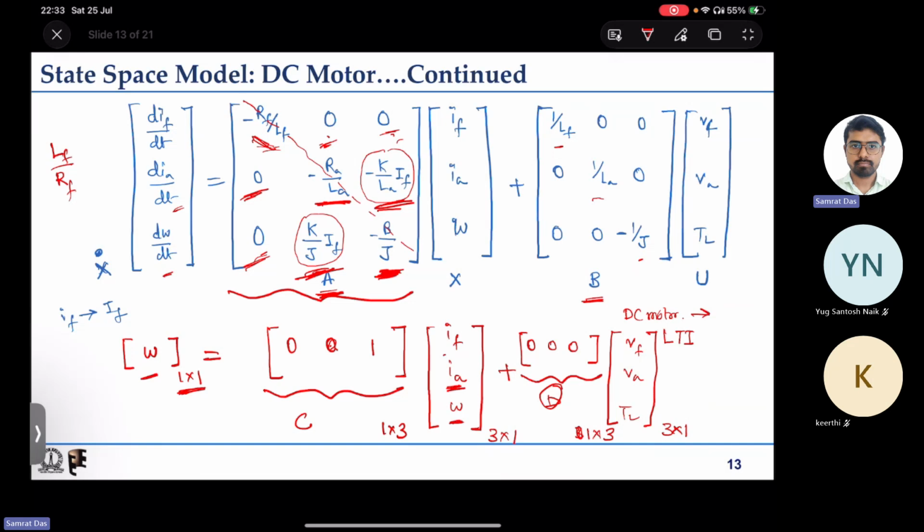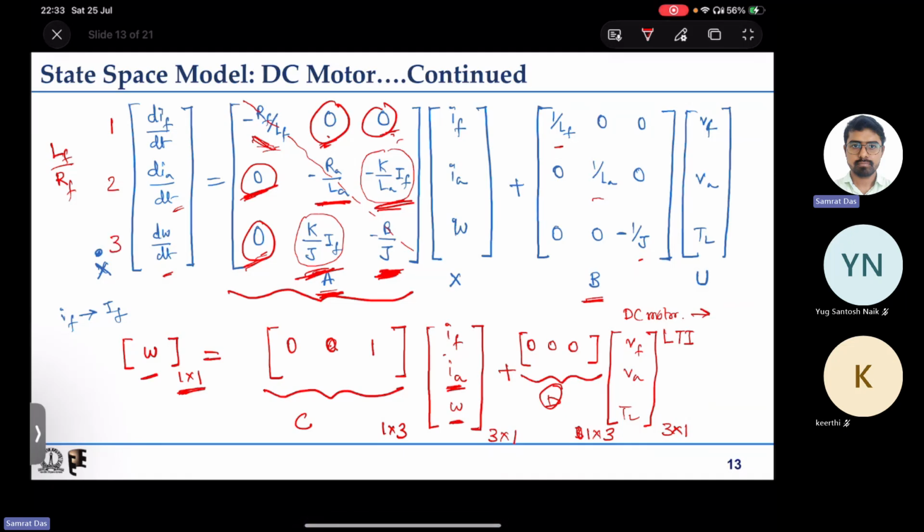And there is cross coupling. Wherever there is no cross coupling, the elements are 0. Field is 1, armature is 2, and mechanical is 3.